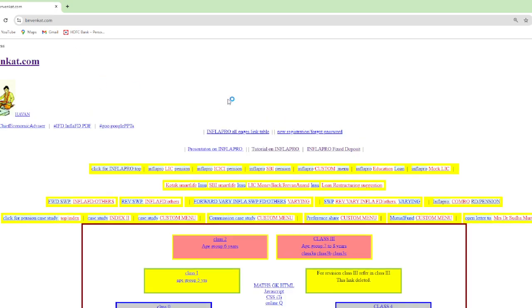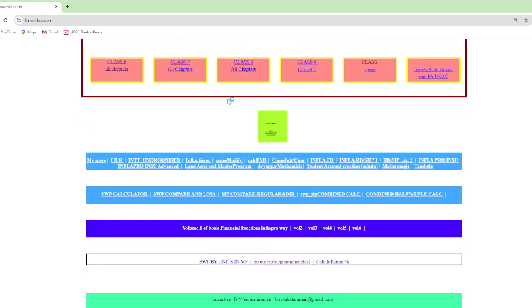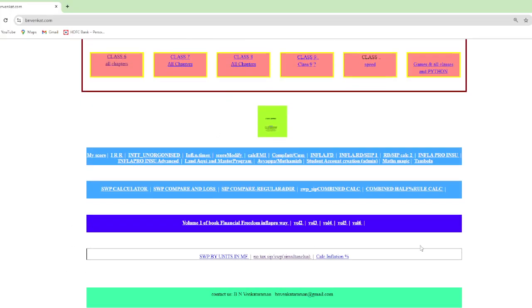This is the home page of this menu. At the end of it, there is a link. I'm going to click it.